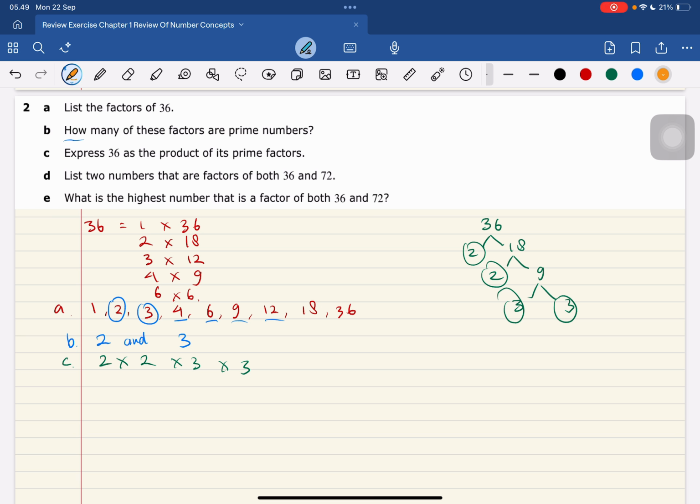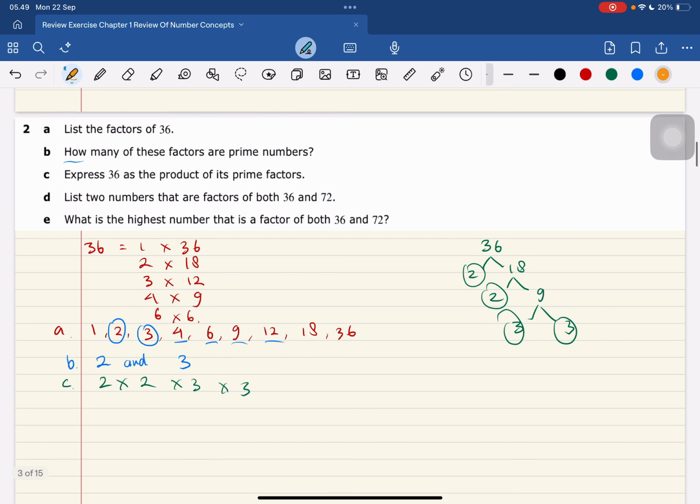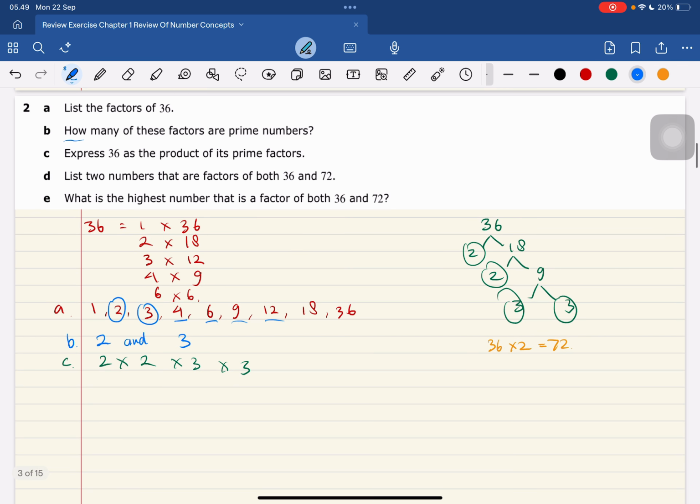List 2 numbers that are factors of both 36 and 72. Okay, we should know that 72 is a multiple of 36. So 36 times 2 equals 72. So the two numbers that are factors of 36.